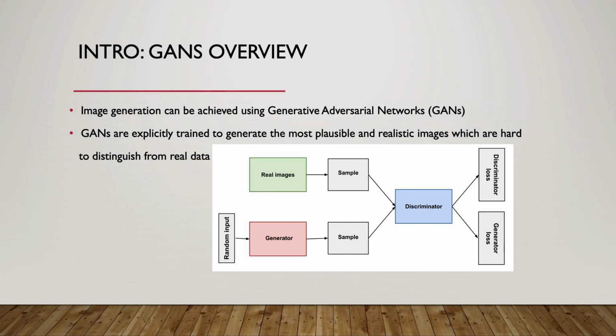So the generator tries to fool the discriminator, and the discriminator tries to find a way to stop that. So both networks are iteratively optimized against each other in what we call a minimax game, hence the name adversarial, as the weights are updated iteratively over time.